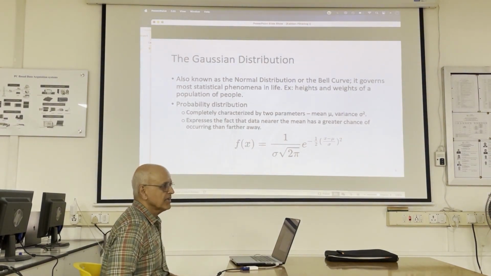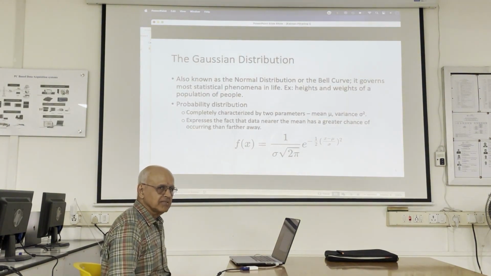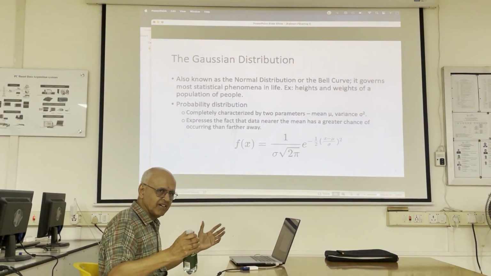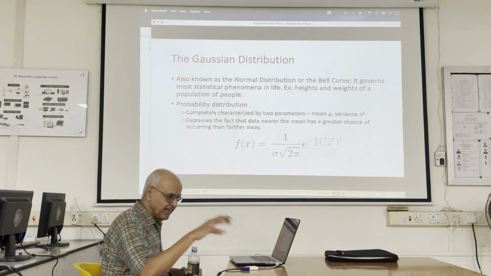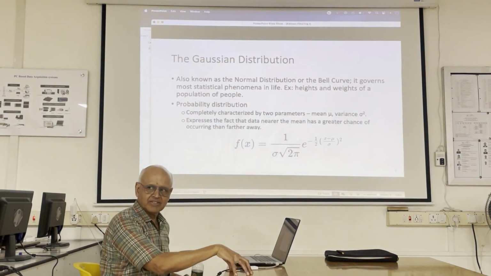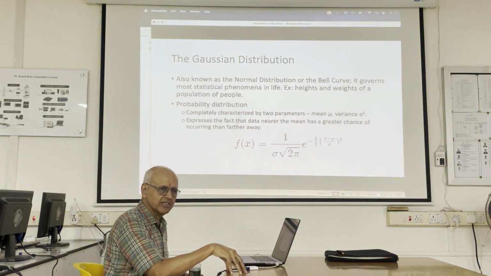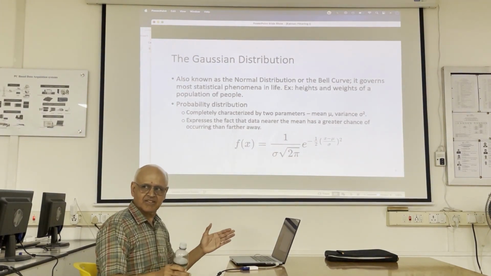So for example, if you take the heights and weights of individuals on this campus, now that's different from a campus in the US, because there they tend to be bigger and taller. But I'm just saying that heights and weights here on this campus will follow a Gaussian distribution. In Chennai it will follow a Gaussian distribution. In the whole world, yes, it will follow a Gaussian distribution.